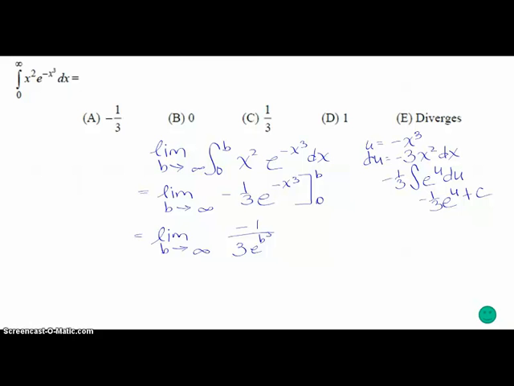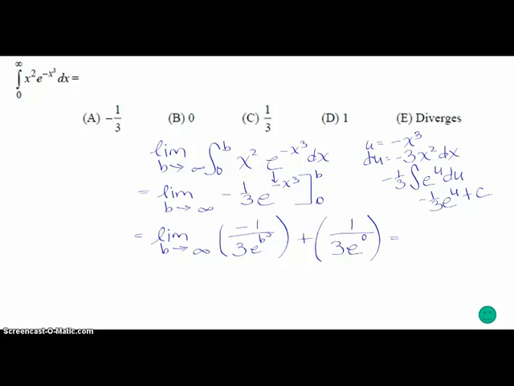Now again, because we're headed toward infinity, I put that negative exponent, made it a positive exponent, put it down in the denominator. So there's my upper limit evaluated at b. And a minus negative 1/3 e to the negative 0 cubed is just 0.